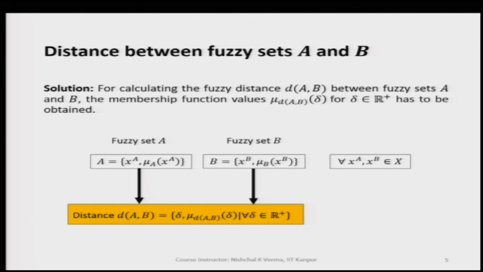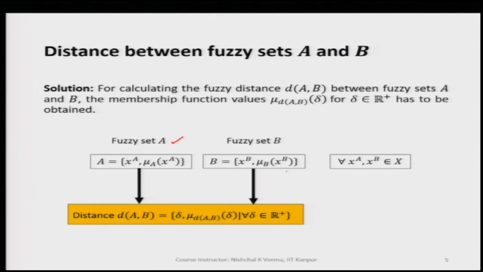And as I mentioned here already, when we consider two fuzzy sets, let us say A and B, and both these are discrete fuzzy sets, we represent the fuzzy set A as its generic variable value x A. So, x A is nothing but the generic variable values taken from the fuzzy set A, or in other words, x A are all those generic variable values which are present in fuzzy set A, and mu A of x A here is the corresponding membership values.